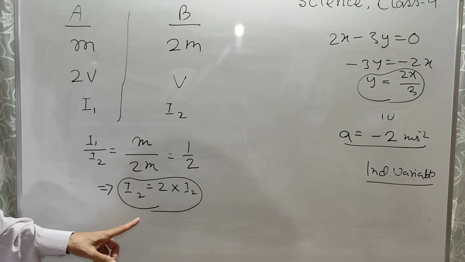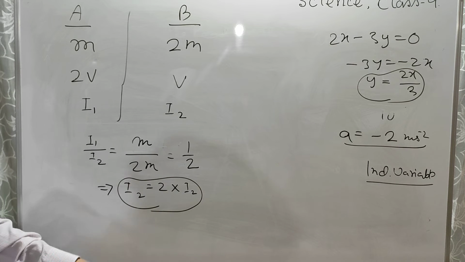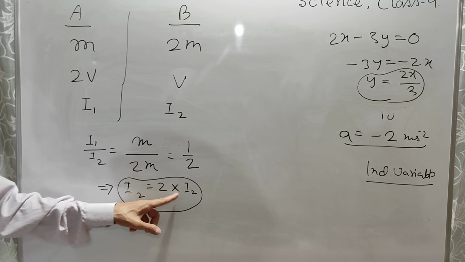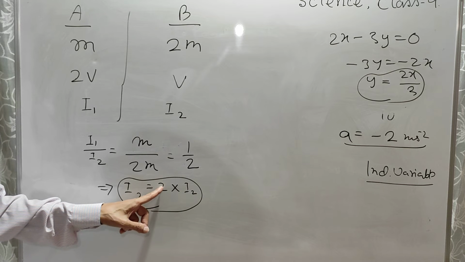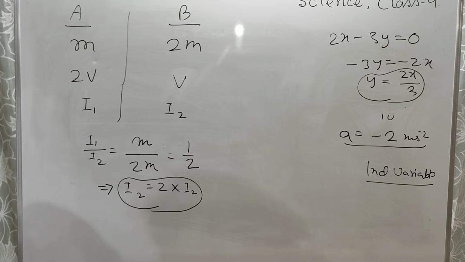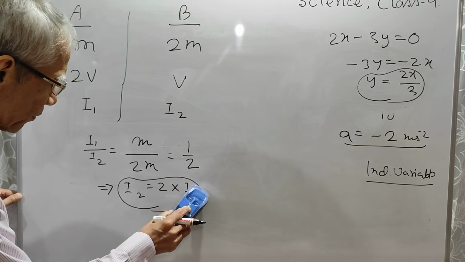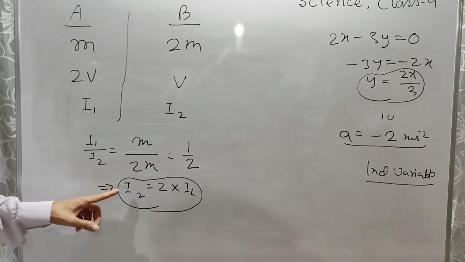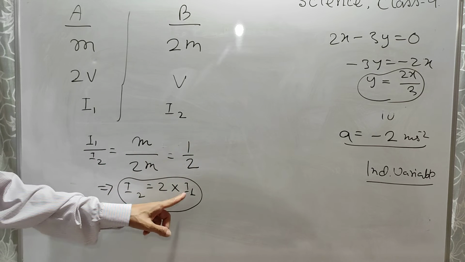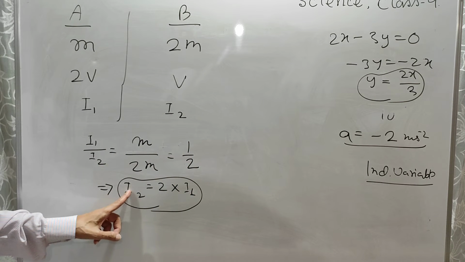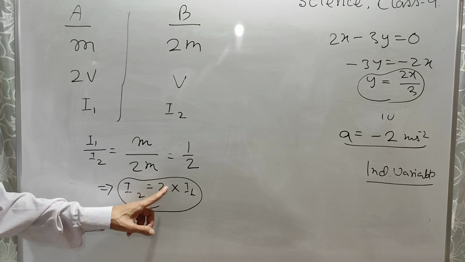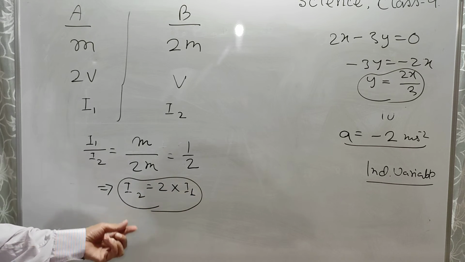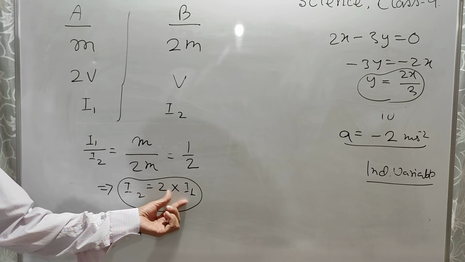Now in words, how will you write it? I2 is 2 into I1. So inertia of the second ball is equal to 2 times the inertia of the first ball.